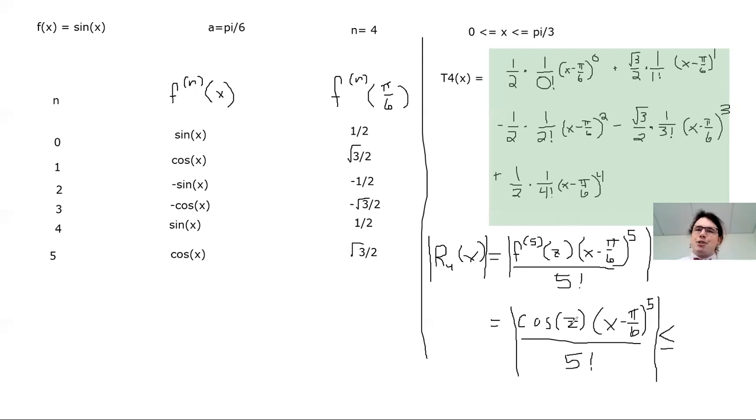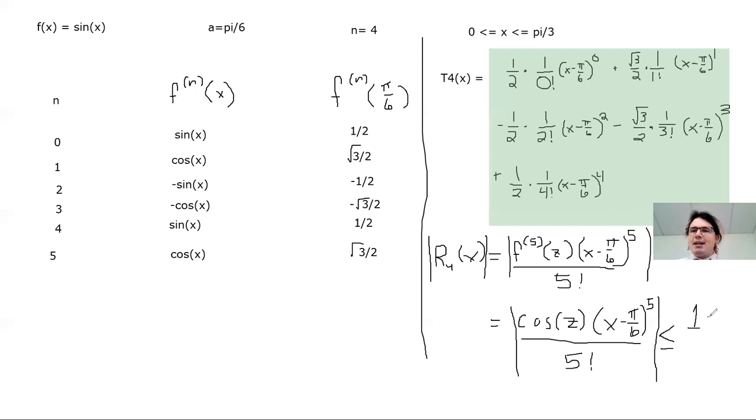So for the cosine function, I don't actually know what number z is, but I do know that z has to be some number between 0 and pi over 3. Well, I know that the cosine of 0 is 1, and that is the largest the cosine function can get. So the very worst thing that could happen in terms of error is if this cosine of z were exactly equal to 1. That's the biggest that I could see here.